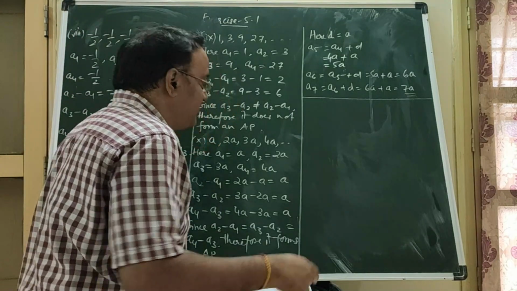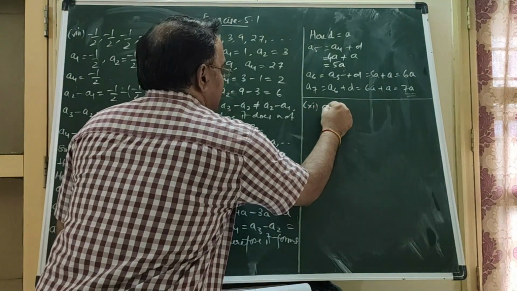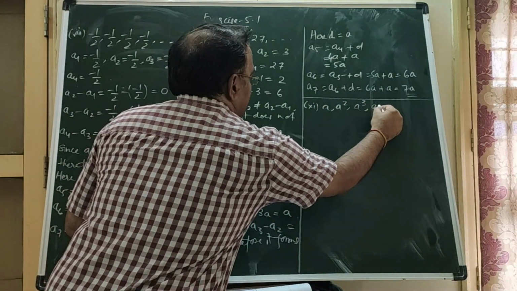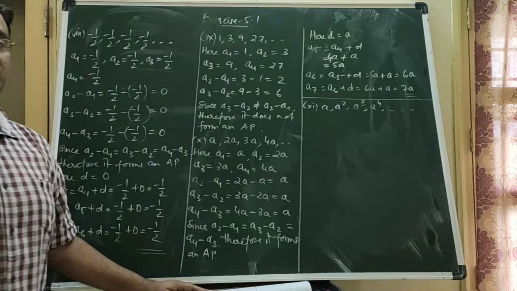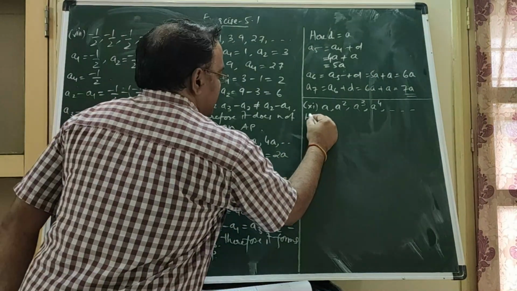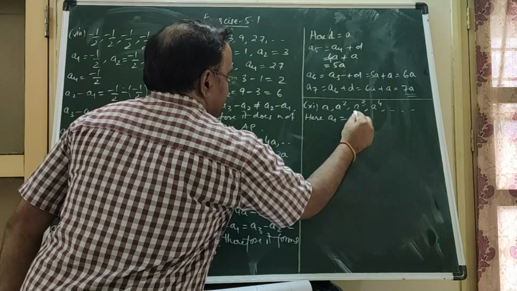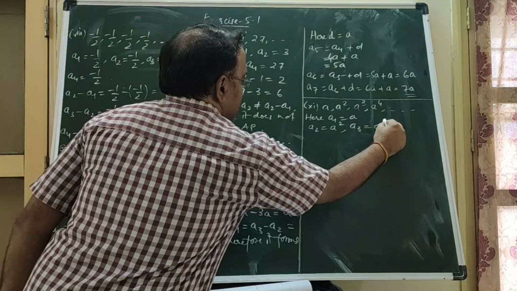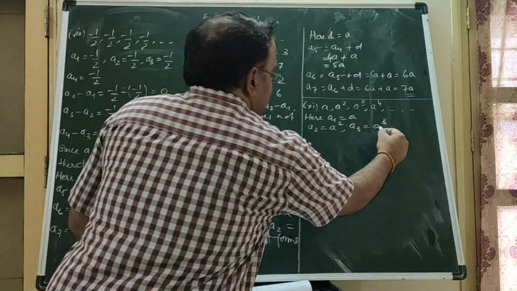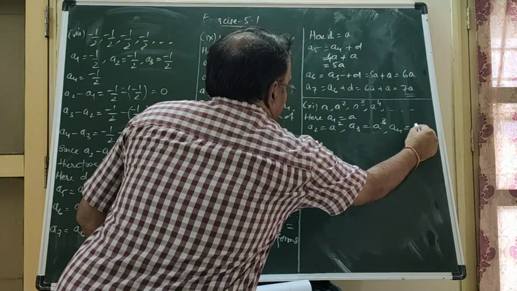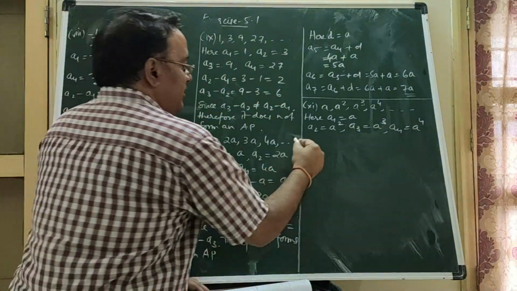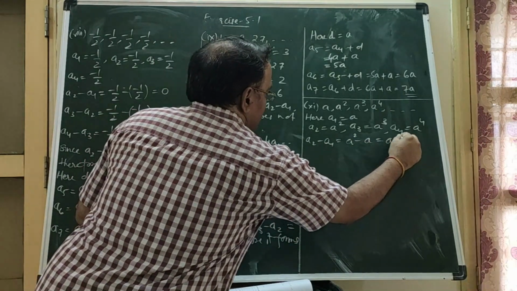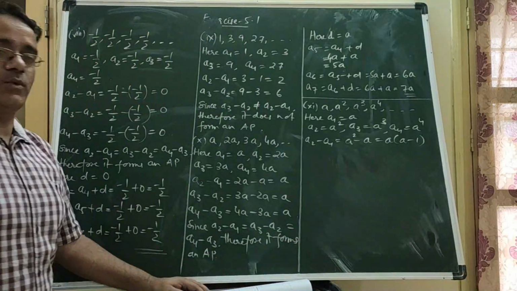Now we'll do the 11th bit: A square, A cube, A to the power 4, and so on. So here the first term is A, the second term is A square, the third term is A cube, and the fourth term is A to the power 4. We'll find the first difference, A2 minus A1, A square minus A. We can write this as A into A minus 1.